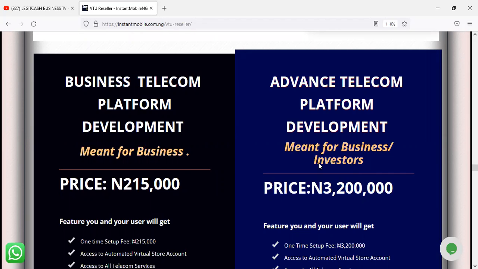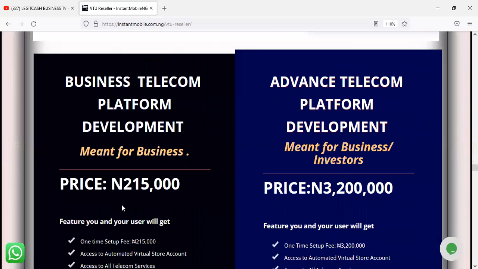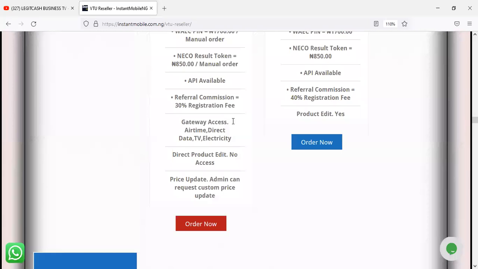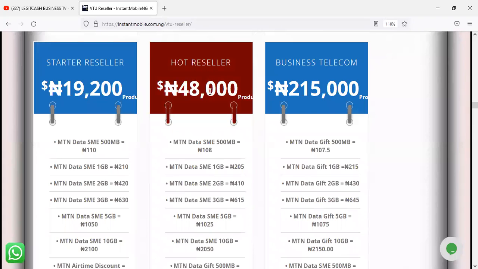We have also updated the prices, and that is also applied to the products, because these are the most frequently asked questions on WhatsApp. These are errors; this is supposed to be 48,500, not 48,000. In this place, for the starter reseller, the SME 1 gig is 210 naira per gig, while that of hot reseller is 205 naira.